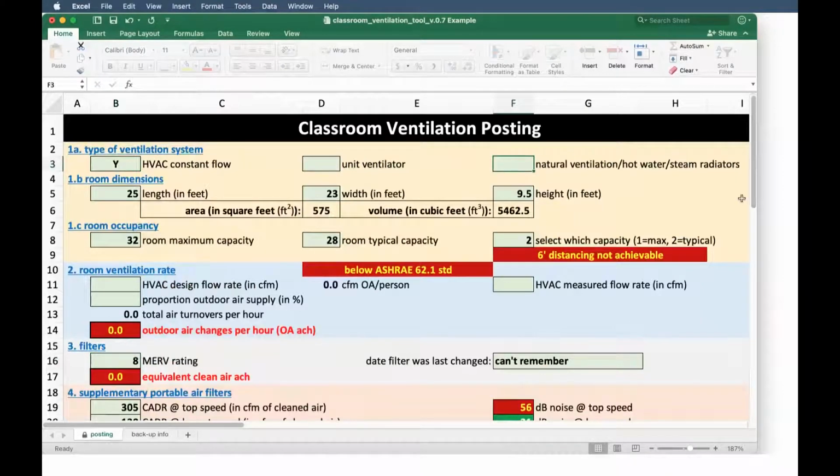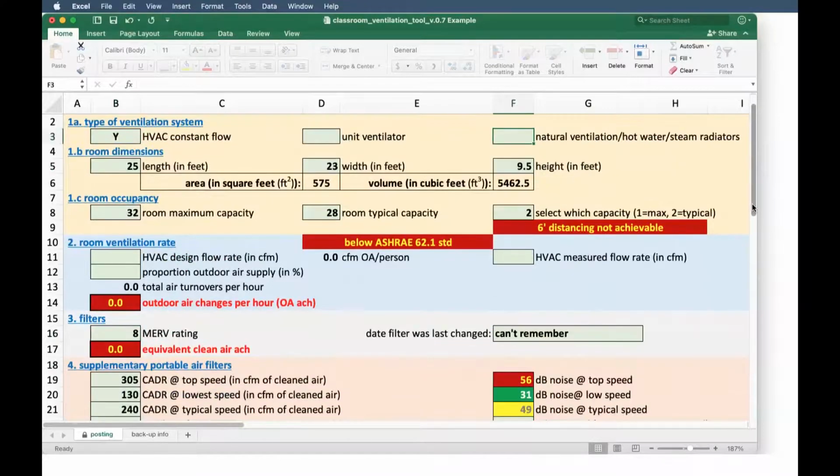And then in HVAC design flow rate, remember what I talked about with Masood? You have a very small classroom, 575 square feet.